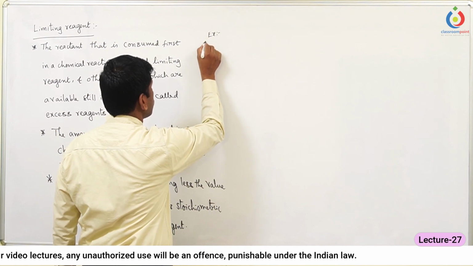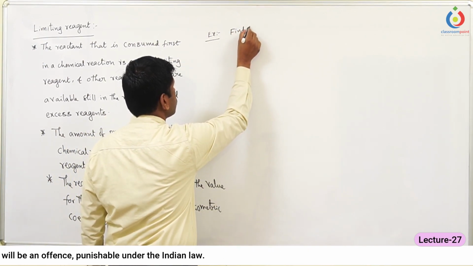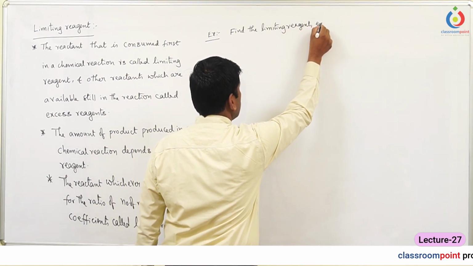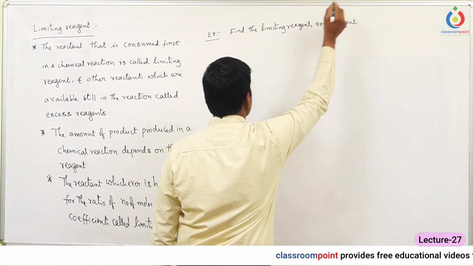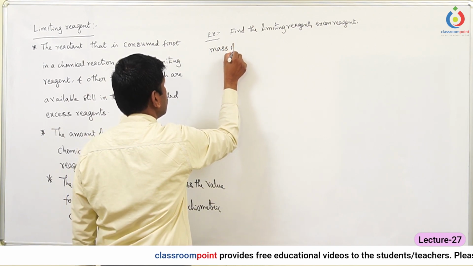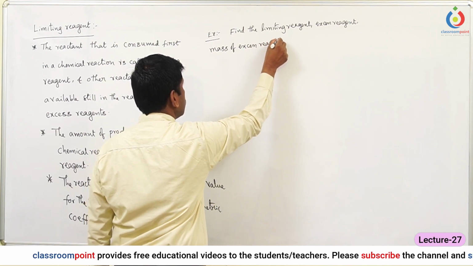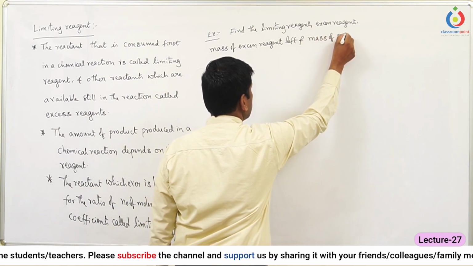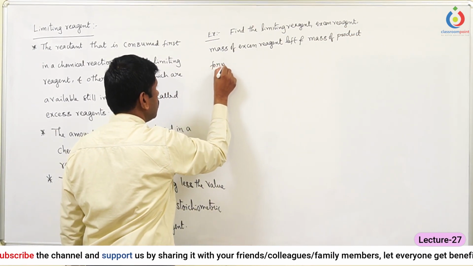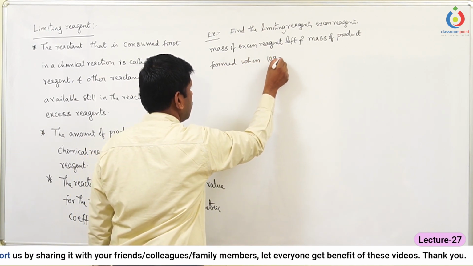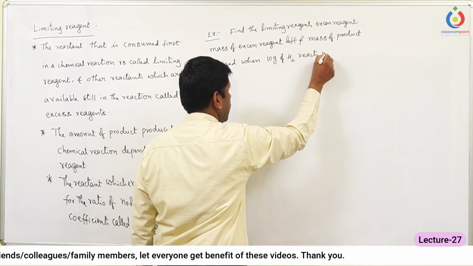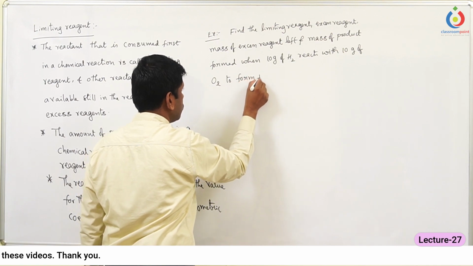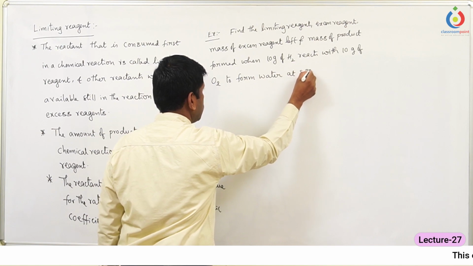So the example is: find the limiting reagent, excess reagent, mass of excess reagent left, and mass of product formed when 10 grams of H2 reacts with 10 grams of O2 to form water at STP.